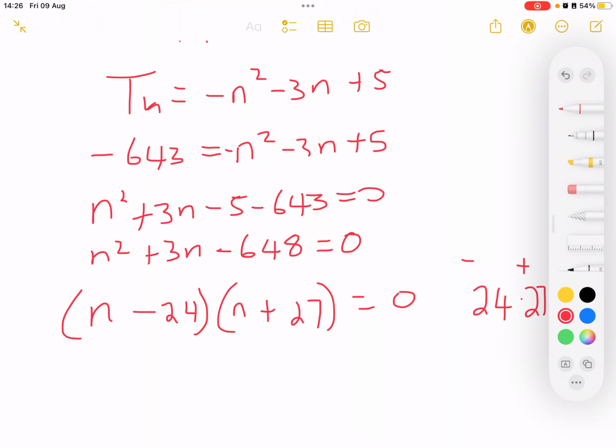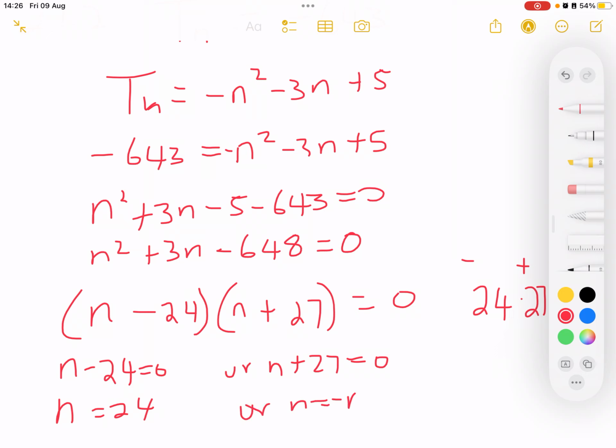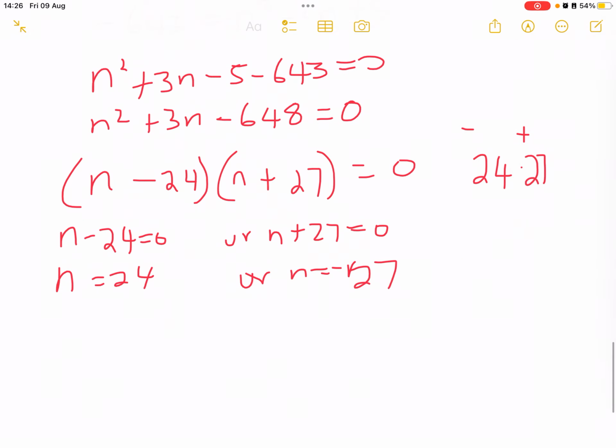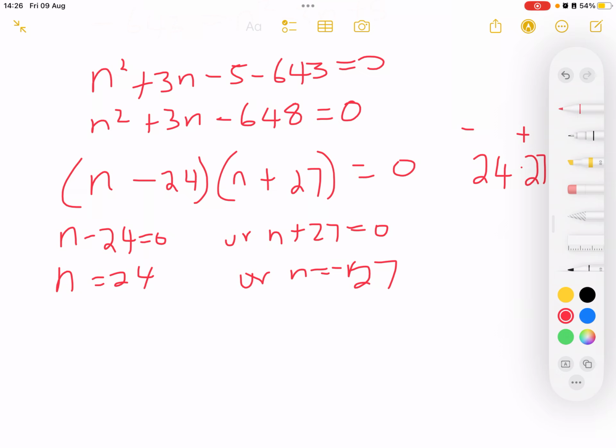And that being said, we apply the zero law, which says n minus 24 is equal to 0, or n plus 27 is equal to 0, and therefore n is equal to 24, or n is equal to negative 27. But we don't have negative 27 terms, so therefore we're going to go with the positive one. So therefore term 24 has a value of negative 643.